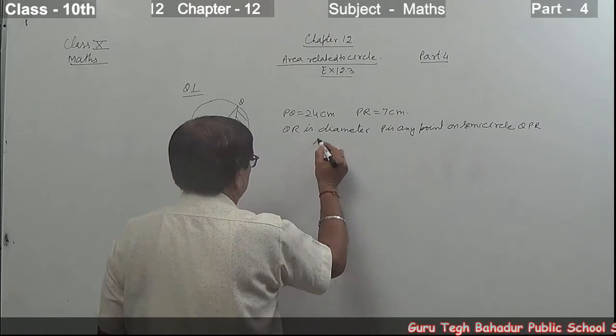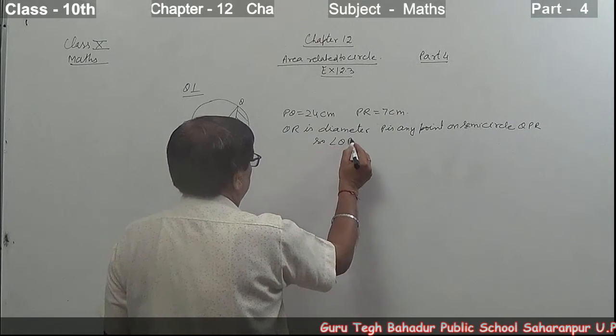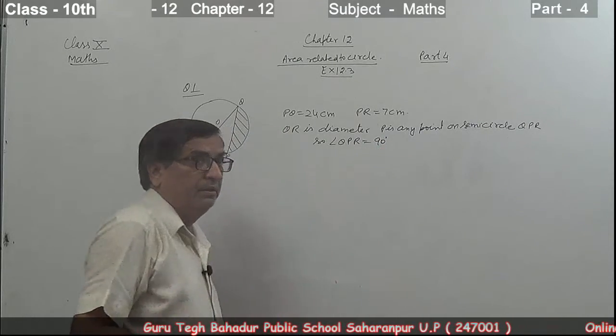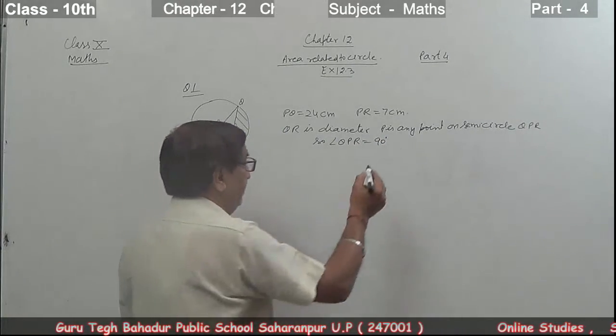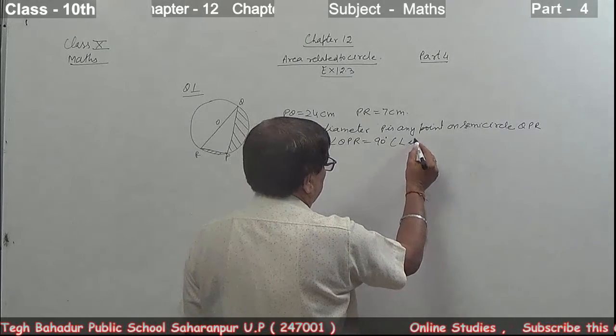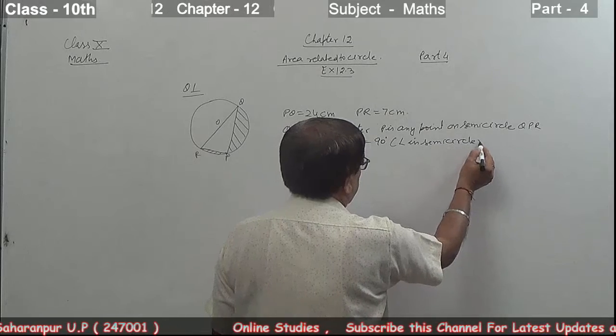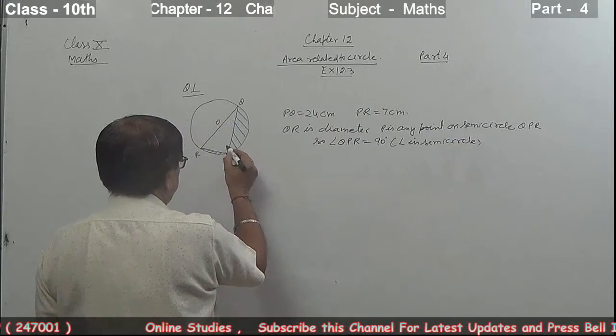So angle QPR is 90 degree, angle in a semicircle. So this is 90 degree.